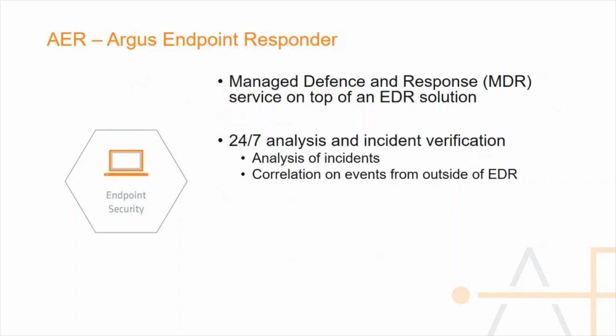We'll also do correlation on the events outside of EDR. This is especially true if you have other components in our Argus portfolio, for instance network analysis and log analysis. We will correlate between those events, making the alerts, not just for EDR but originating from all parts of our portfolio and service, more robust and precise with EDR data.